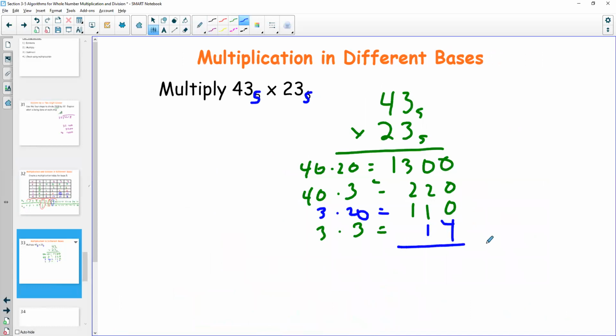Okay? Then I have to remember that I'm adding in base 5 as well, okay? So 0 plus 4, that just makes 4. 2 plus 1 is 4. But here's the thing. 3 plus 2 is 5, plus 1 is 6. But remember, we're in base 5.